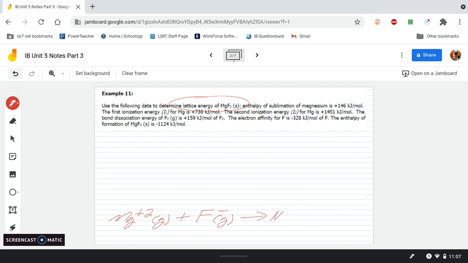And then it's going to make MgF2 as a solid. And it says find this. So this is what we're looking for. So delta H lattice. Notice it's a charged gas plus a charged gas equals the solid. Okay. Now, this is the last step in an addition problem.